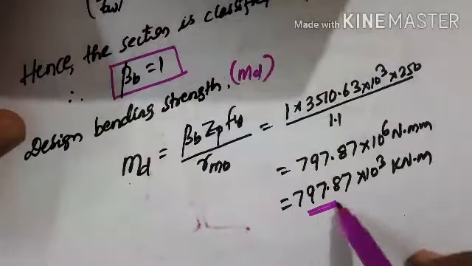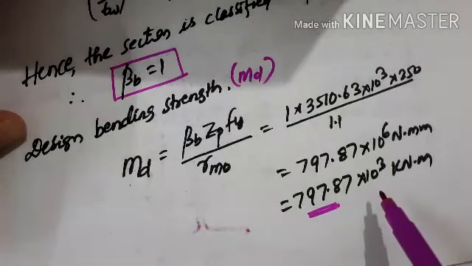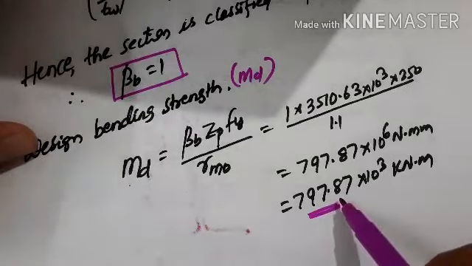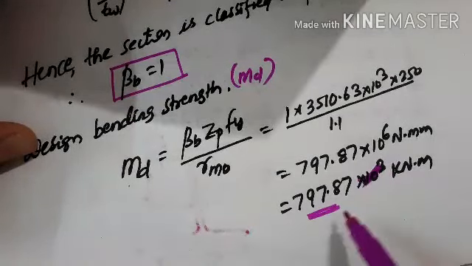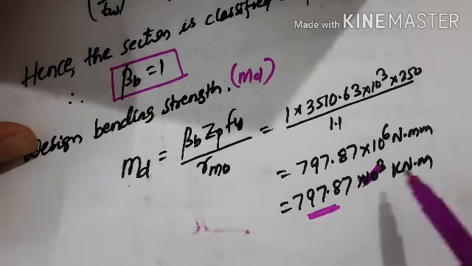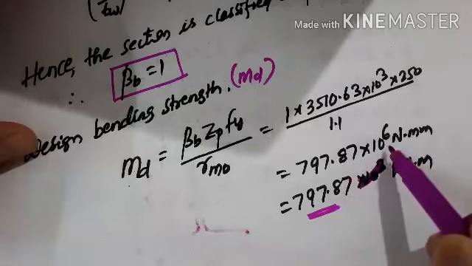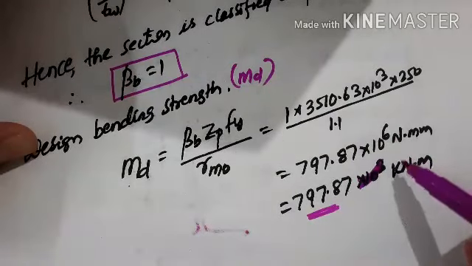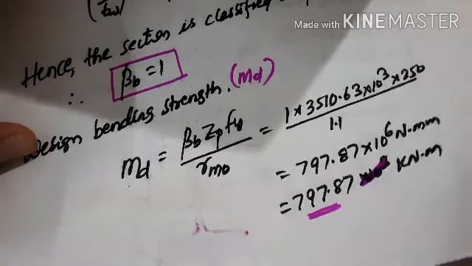This is the bending strength, 797.87, sorry, not 10 to 3. This is 797.87 into 10 to 6 Newton millimeter. When you convert to kilonewton meter, this will be 797.87 kilonewton meter.